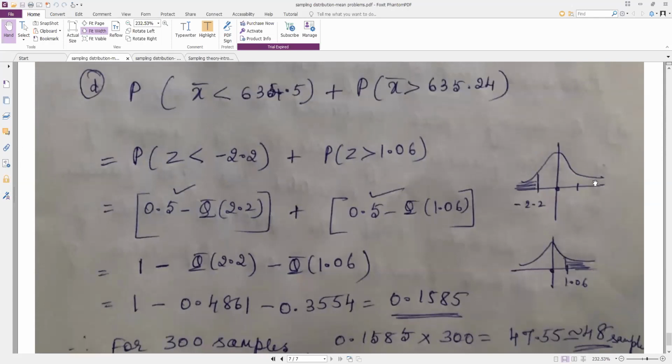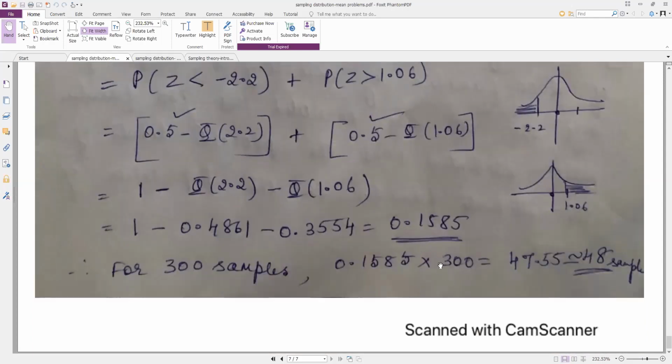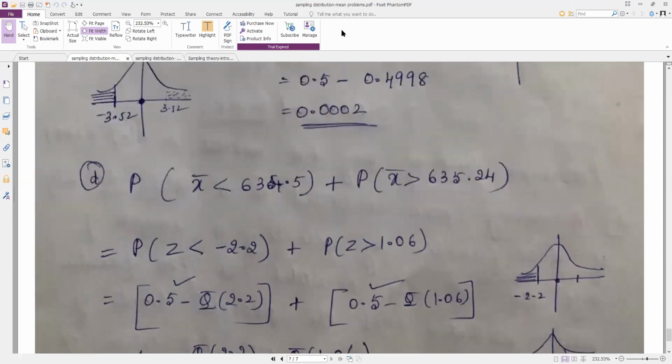Less than means this side, that is 0.5 minus phi of 2.2. Greater than means the other side, 0.5 minus phi of 1.06. So 0.5 plus 0.5, 1 minus phi of 2.2 minus phi of 1.06. This can be got from the table. Then since it is 300 samples, multiply by 300. So these are the problems under large samples. Study well. Thank you.